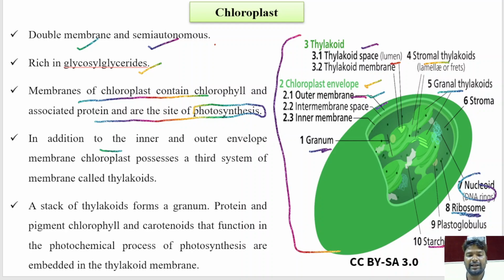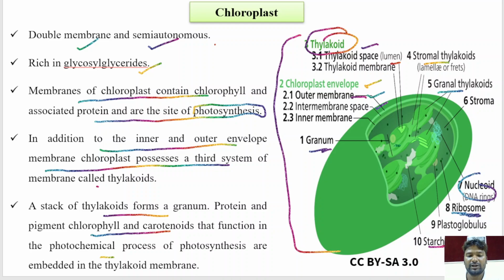In addition to the inner and outer envelope membranes, the chloroplast possesses a third membrane system called the thylakoid system. A stack of thylakoids forms a granum. Proteins, pigments, chlorophyll and carotenoids that function in the photochemical process are embedded in the thylakoid membranes.